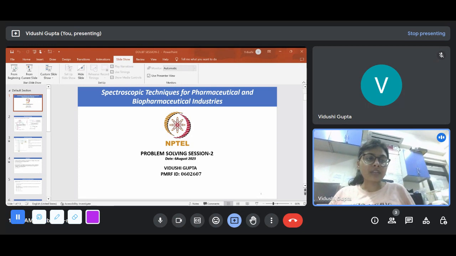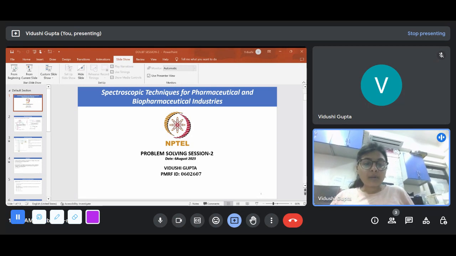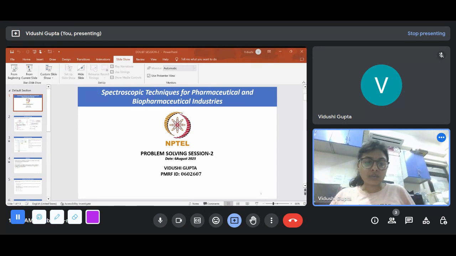So how do we calculate the energy? The energy can be calculated by using this formula. Here En represents the energy of the nth orbital and it is equal to minus 2.18 into 10 raised to minus 18 joules per n square, where n can be any integer.